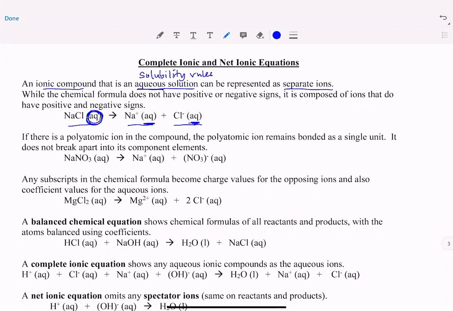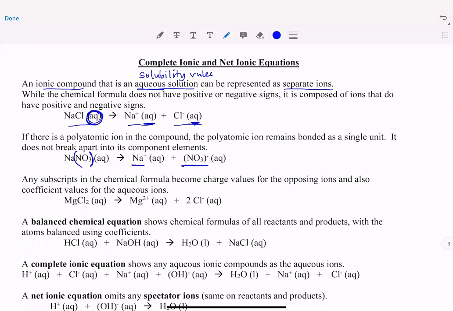If you have a polyatomic ion as part of the ionic compound, when the ionic compound breaks apart, it doesn't break apart into separate atoms. You have to put parentheses around the polyatomic ion, like this NO3, and it breaks apart into the polyatomic ion, now in the parentheses NO3, and the other ion, the Na plus.